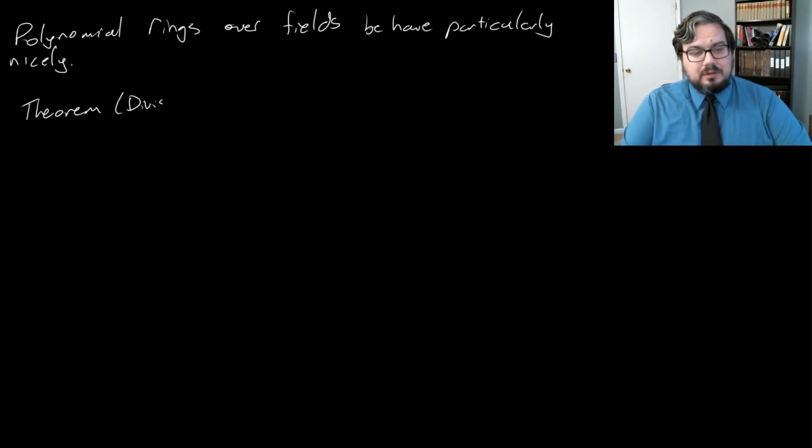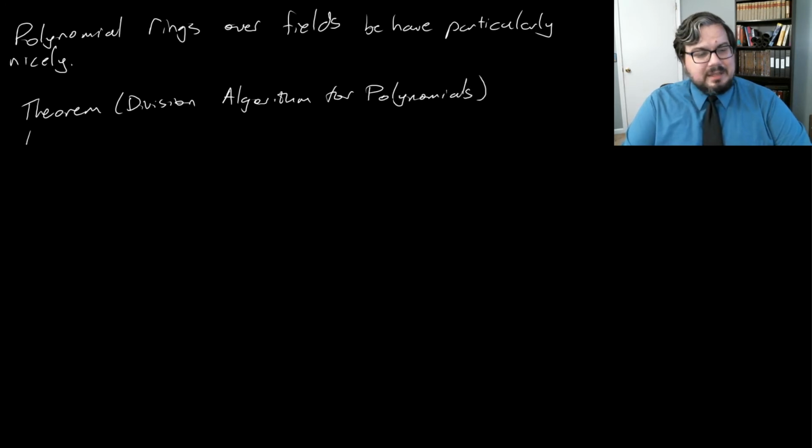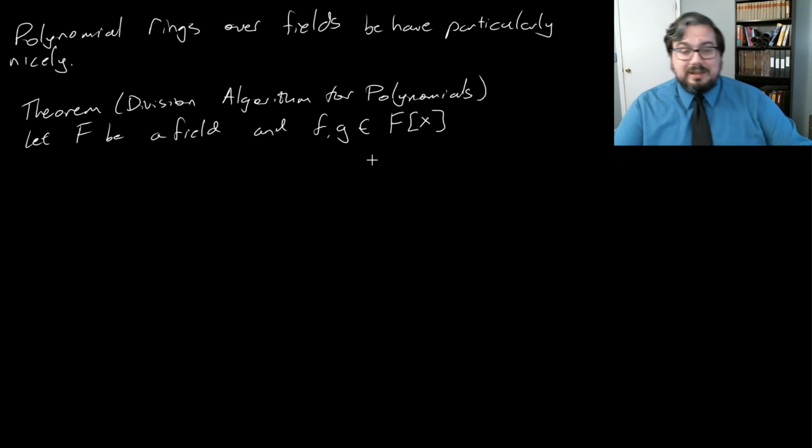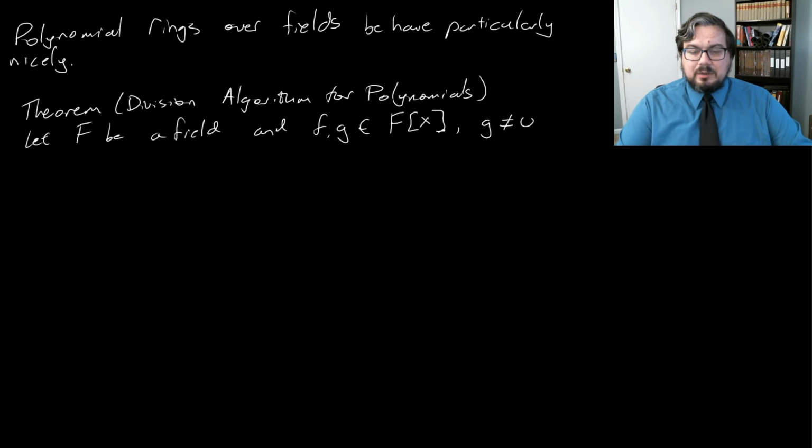So the division algorithm for polynomials states, let F be a field, now not just a ring, and let F and G be polynomials in the polynomial ring F adjoin X. Polynomial rings over a field are what we're looking at here, and in particular we want G to not be the 0 polynomial.